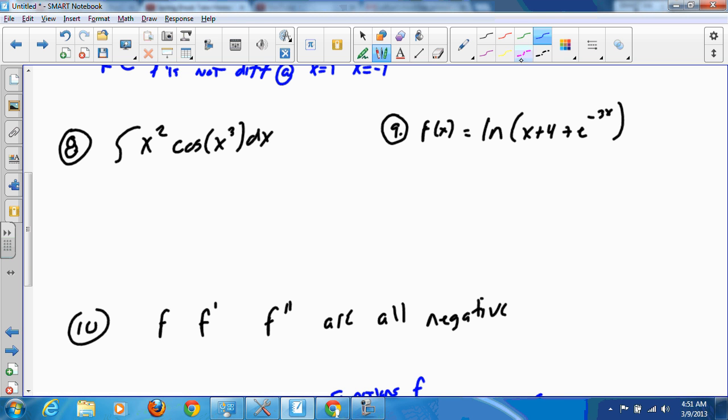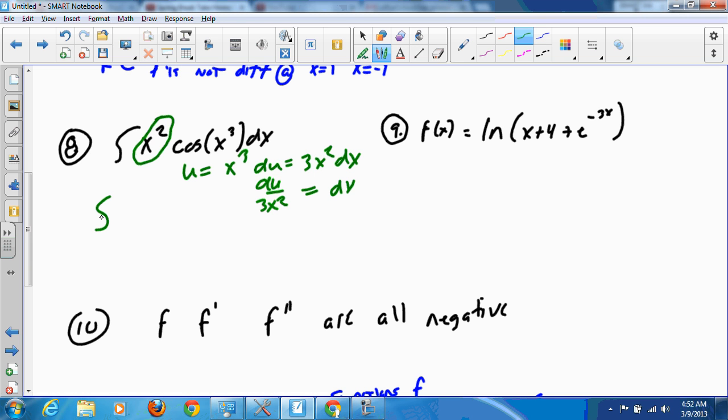The natural choice might be to make u equal this x cubed, and then the derivative of that would be 3x squared dx, and then solving for dx we get du over 3x squared. So you can see that we have an x squared term right here, and now we have a 3x squared in our du term, so those x squareds are going to cancel out for us, which is kind of nice.